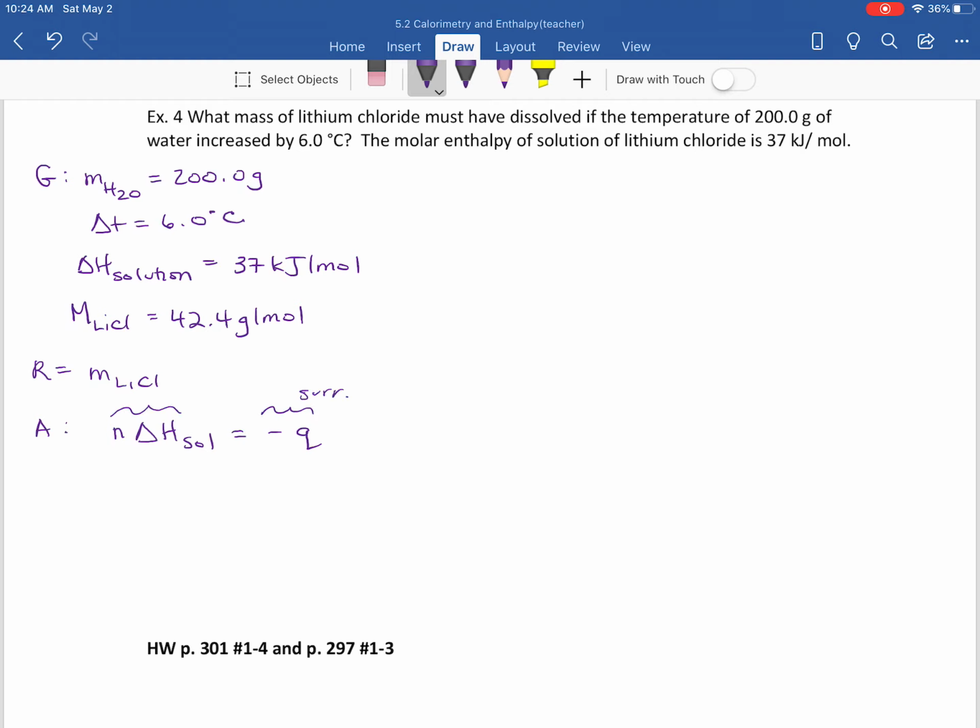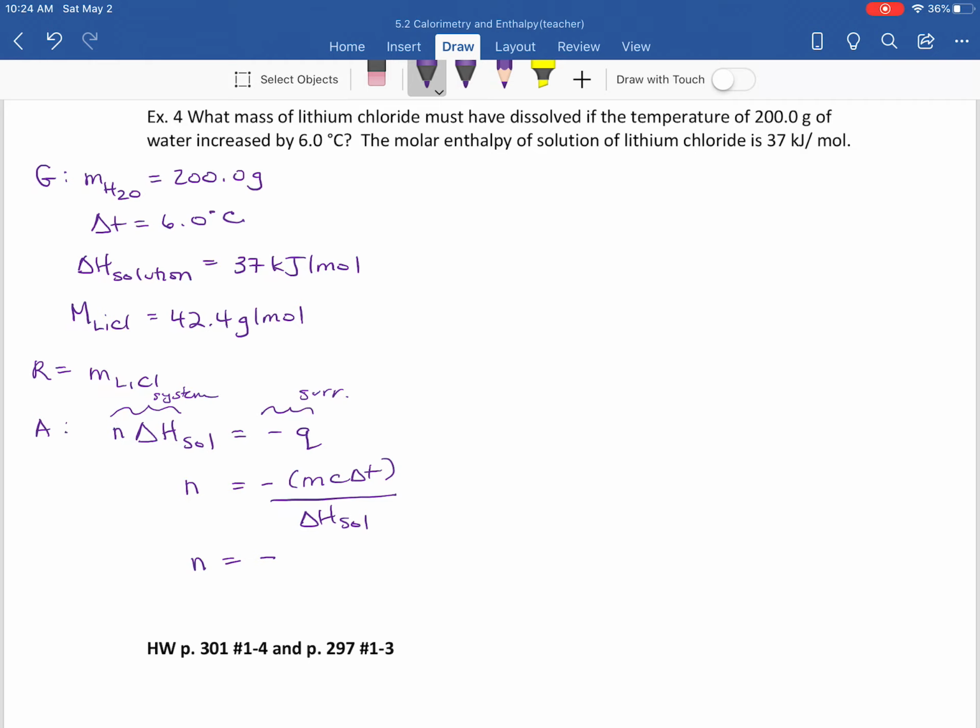So this is for the water, so this is my surroundings. This is for my system. Okay, so we can solve for n because that's what we're eventually going to need to do. And don't forget that Q equals mc delta T. So n equals negative mc delta T all over delta H.